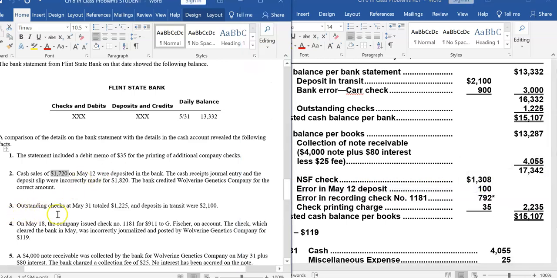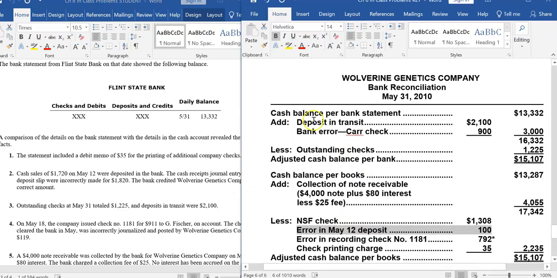All right, next item. Outstanding checks at May 31st total $1,225, and deposits in transit were $2,100. Outstanding checks mean the company has issued and recorded them, the bank hasn't processed. Deposits in transit means the company recorded the deposit, the bank hasn't processed, which means both of these have not yet been recorded on the bank side, so both of these items will be on the bank side of the reconciliation.